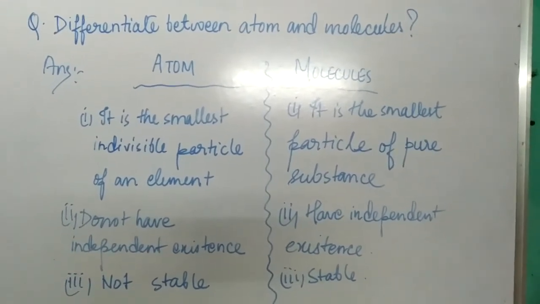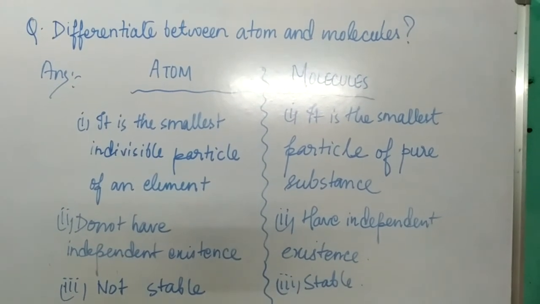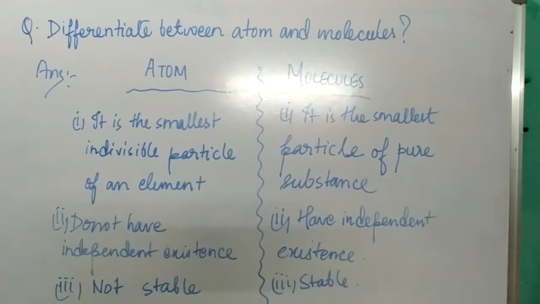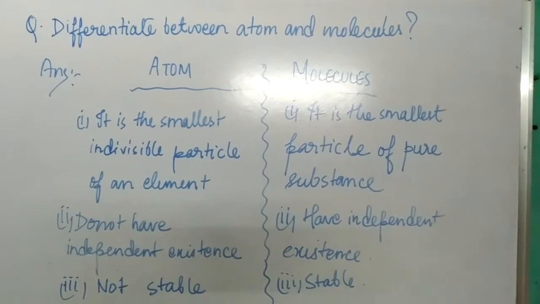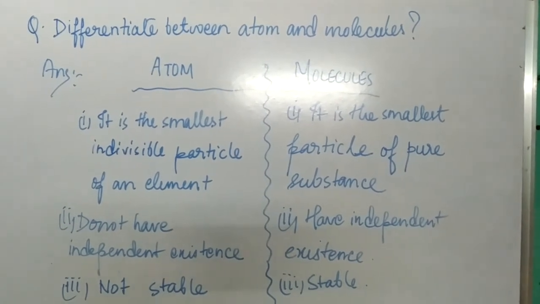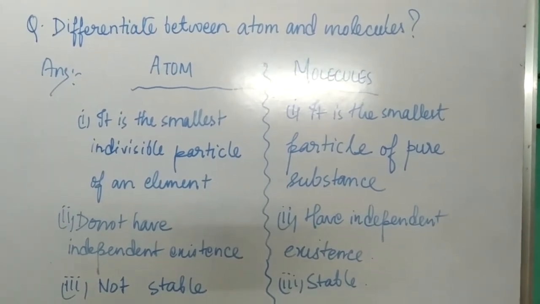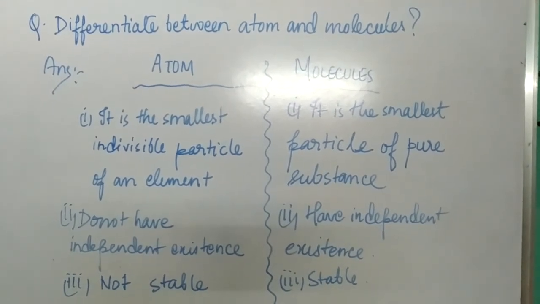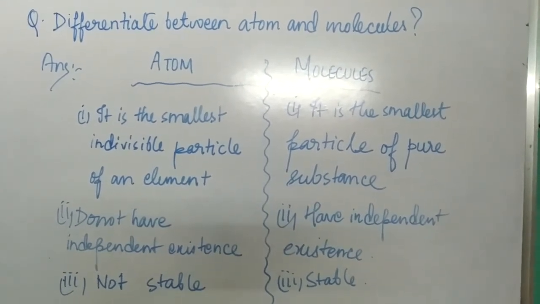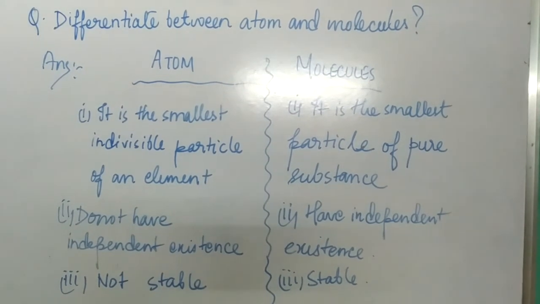So to sum up, students, let us differentiate between atoms and molecules once. Now, an atom is the smallest particle of an element, whereas a molecule is the smallest particle of a pure substance.